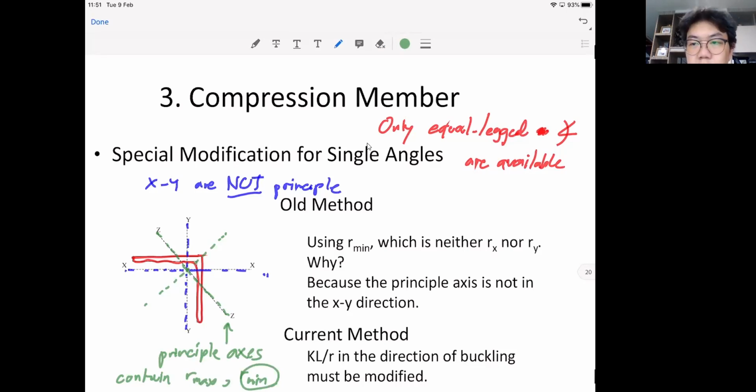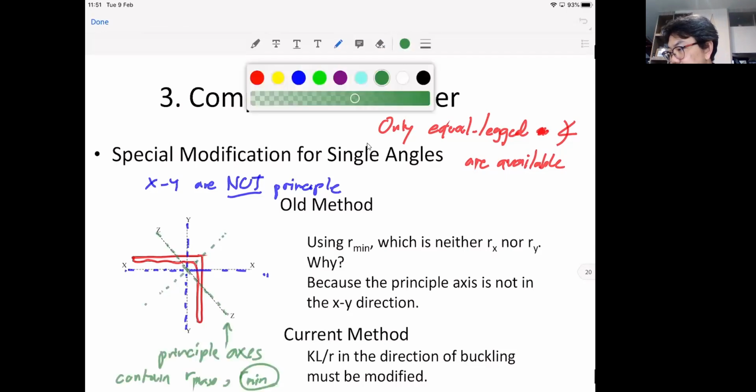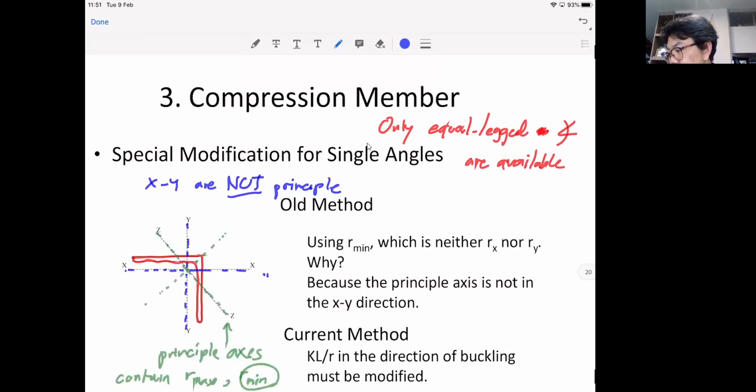So if you go and look at the properties of the angle from the tables provided by TIS and so on, they generally have, they would give you Rx, Ry, and then I believe they call that Ru and Rv.